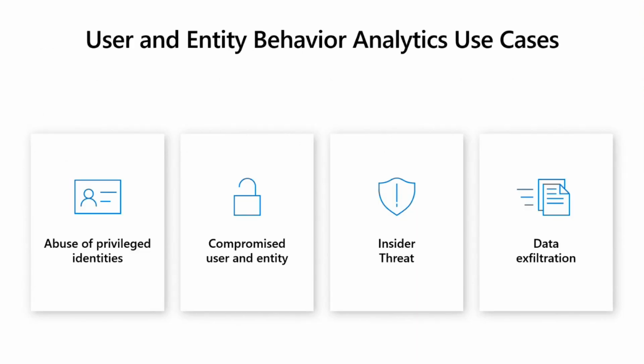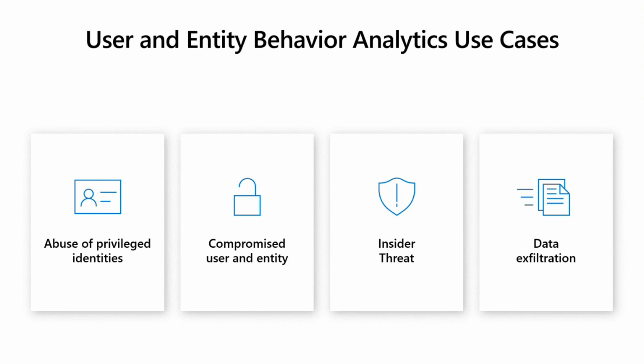So what are some use cases and what are some target scenarios for UEBA? Well, the first would be abuse of privileged identities, such as identifying users with a high impact on their environment and profiling them accordingly. The second would be compromised user and entity.